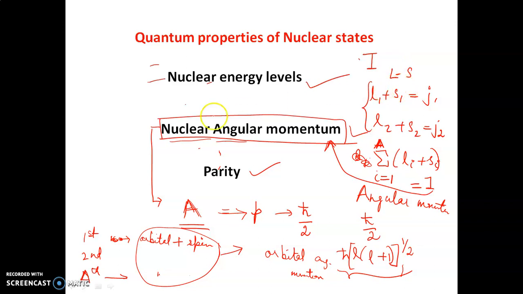Sometimes it is also JJ coupling, in which case we have the summation of Li, i goes from 1 to A, plus the summation of Si, i goes from 1 to A, equal to I. Sorry, this is the LS coupling, and the other is JJ coupling, because here Li and Si together give us Ji, and then you sum up the J's. So this is JJ coupling, and that is LS coupling.